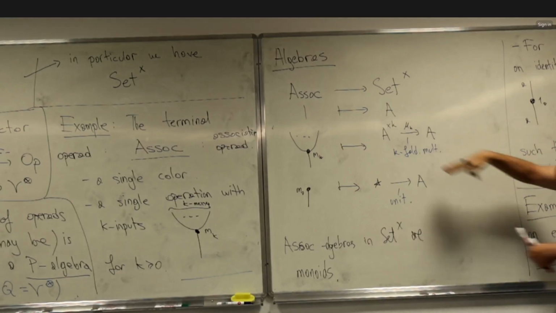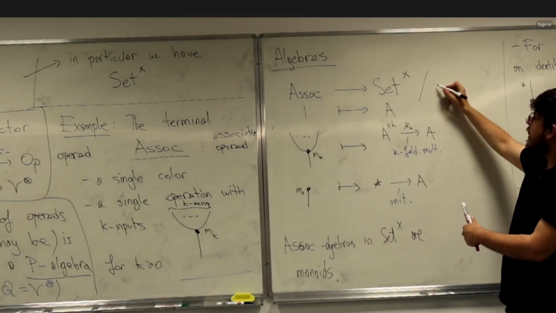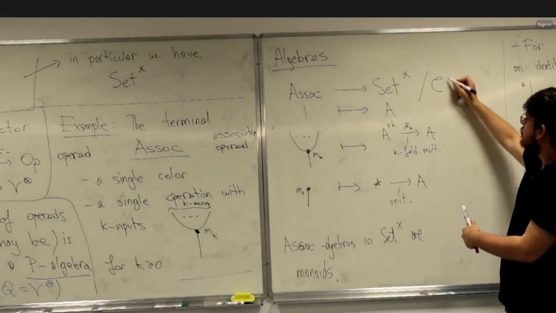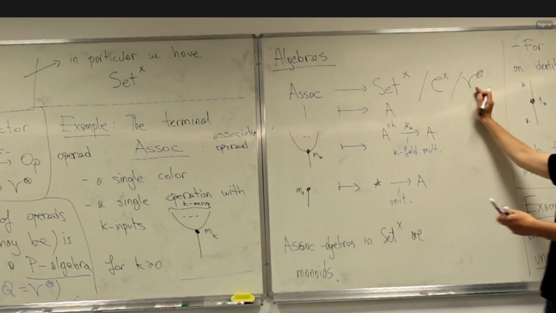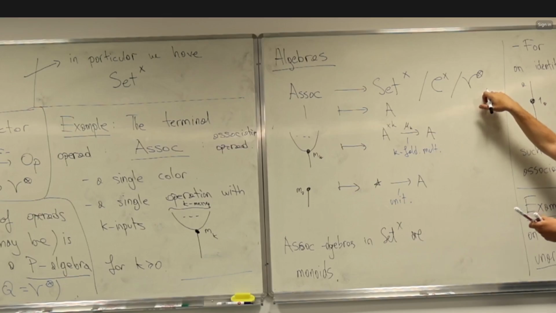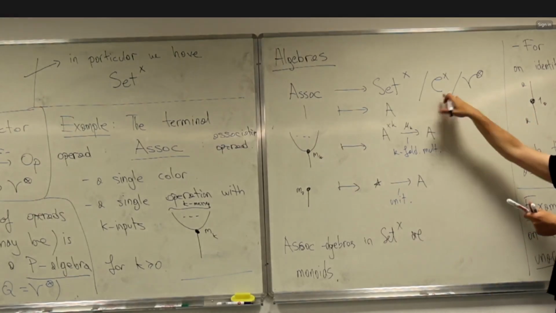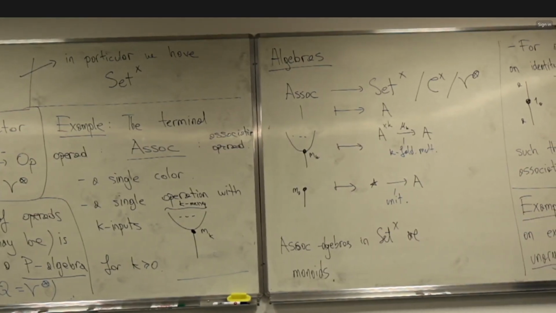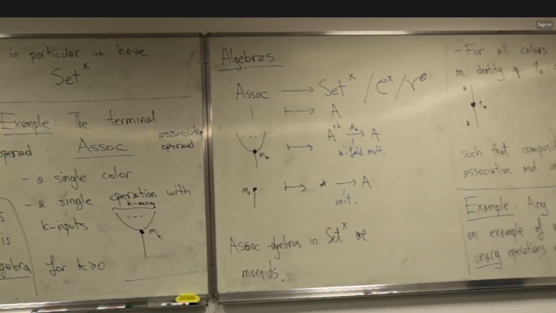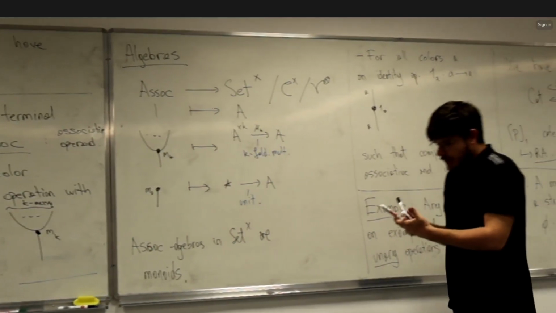And so if we replace Set by any category, really, or any monoidal category of this form, you get monoids in this monoidal category, like in spaces, say. So monoids in, I don't know, abelian groups or rings and things like that. So we get all sorts of interesting examples.